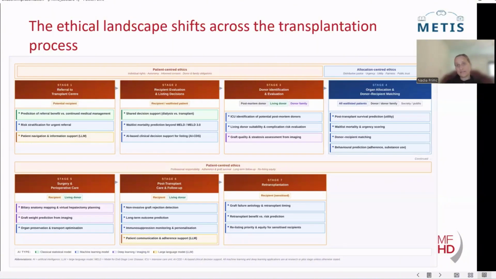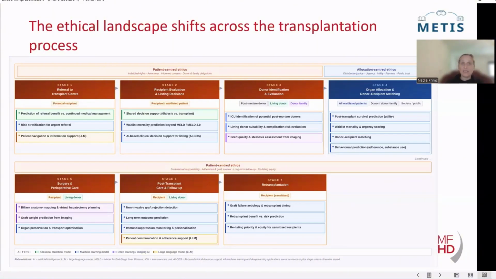And when you arrive at stage 4, which is marked in blue here, the stage of organ allocation, this is when a decision is made about who among all the patients on the waiting list receives the next available organ. Here, that ethical framework shifts entirely. This, in general, is no longer a patient-centered decision. It is a question of more general distributive justice. Every organ given to one patient is an organ unavailable to the next patient on the waiting list.